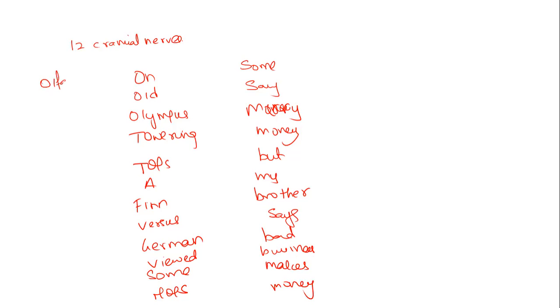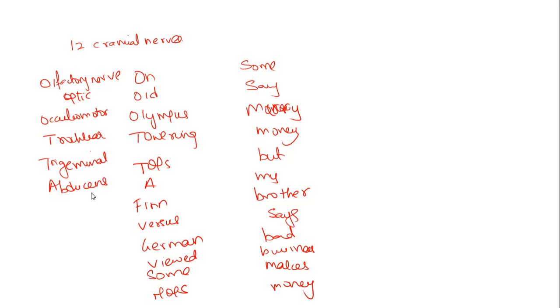This is olfactory nerve, then you have optic nerve, then you have oculomotor nerve, then you have trochlear nerve, then you have trigeminal nerve, then you have abducens nerve, then you have facial nerve, then you have vestibulocochlear nerve.